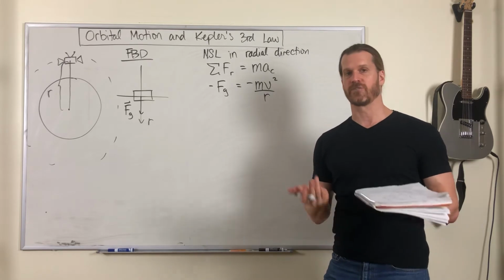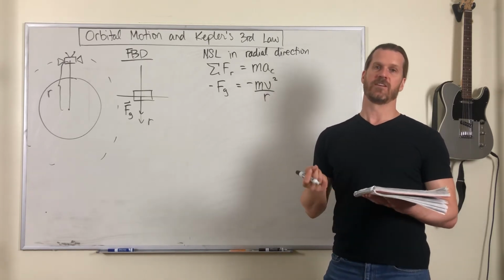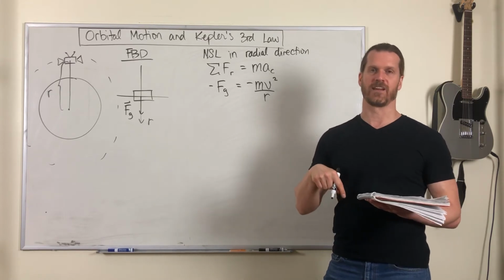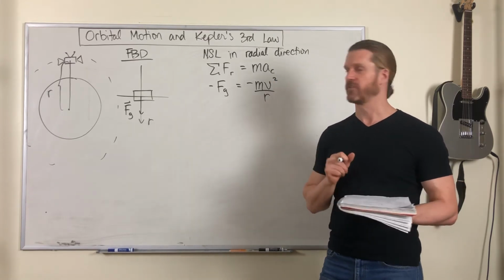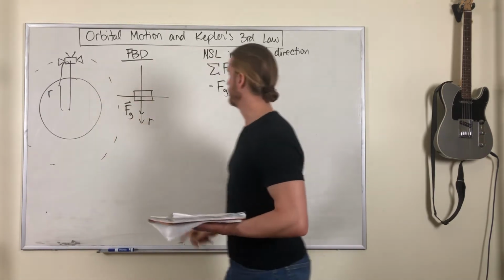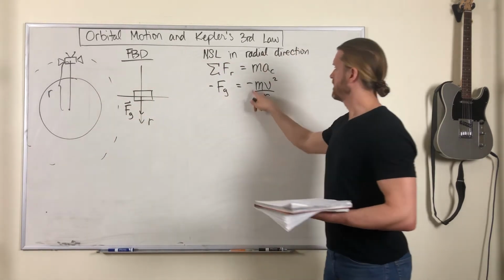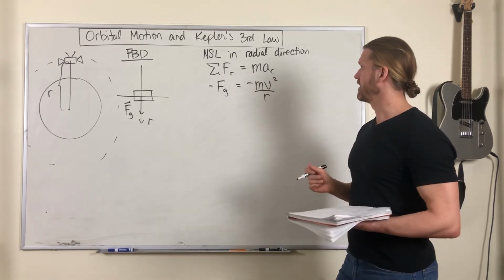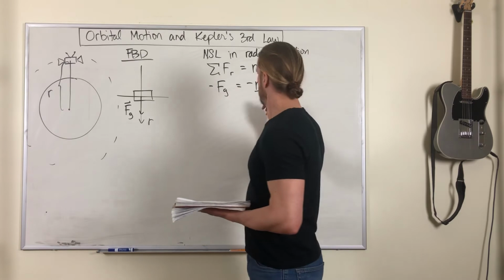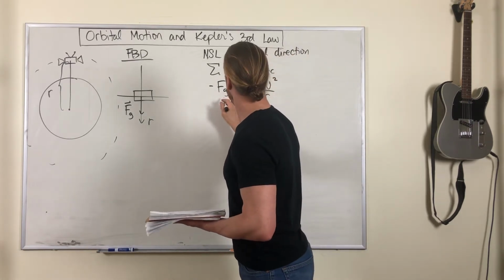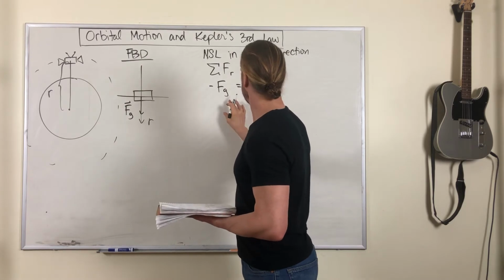And remember, according to our sign conventions, if the force is directed toward the center, that's considered negative. If it's directed outward, that's considered positive. This force is toward the center of the circle, so we give it a minus sign. And that centripetal acceleration also gets a minus sign, because it's also pointing toward the center. So those two minus signs cancel out, and it ends up being positive.